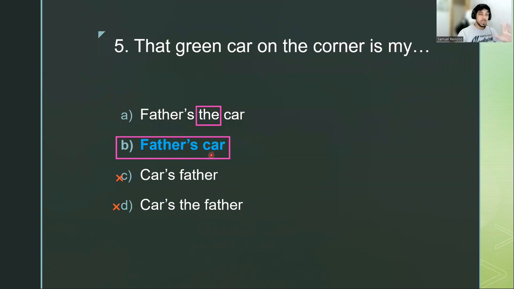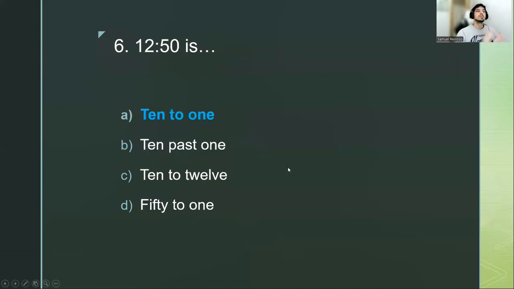So remember, we never, ever use the article after apostrophe S, okay, to express possession. The only article is here. My father's car, my sister's book. Okay, great. So let's continue now.